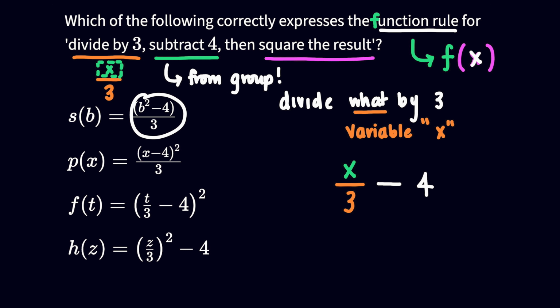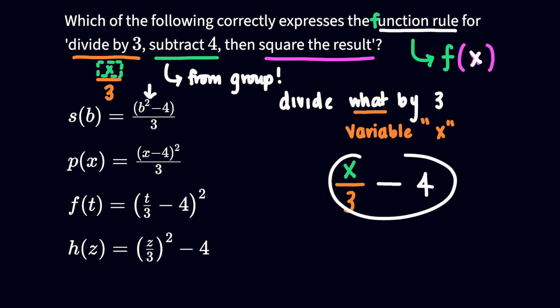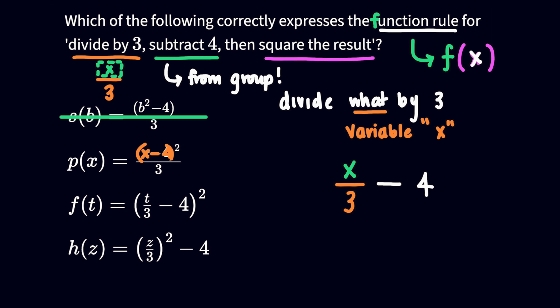Now it starts getting a little bit away from us here. Well, now we have that x value squared, and I'm not writing a square yet. I don't have anything squared yet, so I would be keen to get rid of this one. And this one, x minus 4 in parentheses, and then divide by 3.